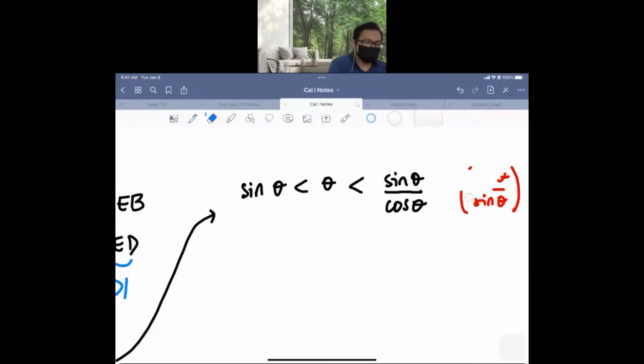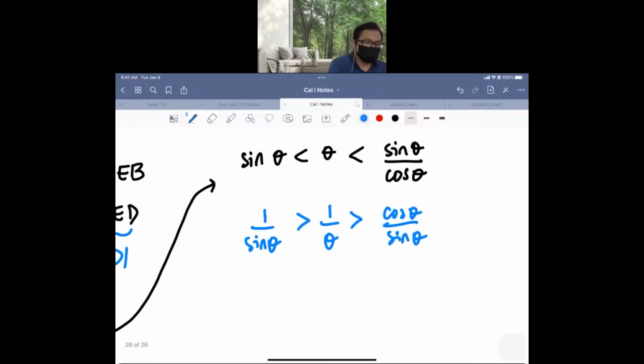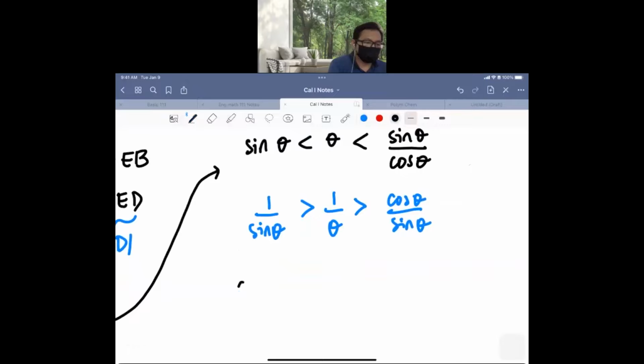Or maybe not really good. The best way is to reciprocate. Okay, so reciprocate becomes 1 over theta. This becomes that. This becomes that. And then this becomes cos theta less than sine theta over theta less than 1.